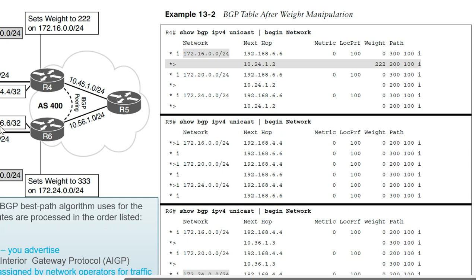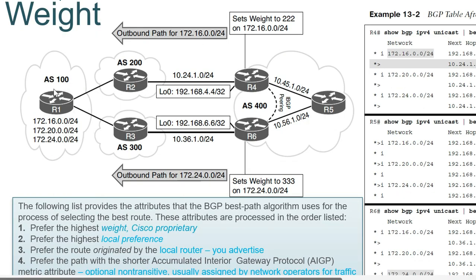So the metric is 0, the local preference is 100, and the path is 300 and 100. That means it goes through here. Okay, from here to reach 172.16 it has to go through 300 and then 100.